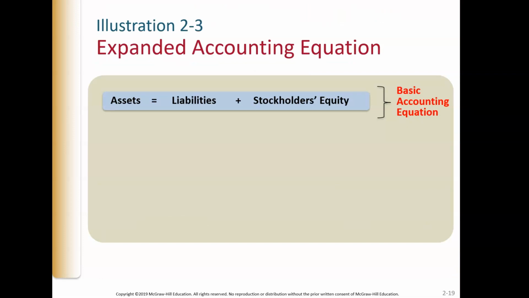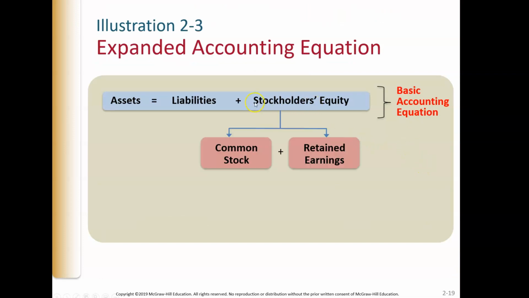Now let's talk about the accounting equation. We're going to expand it in this chapter. Stockholders' equity includes these two accounts. For now, we'll add more later, but for now we have just these two accounts, common stock and retained earnings. From preparing the financial statement, you know that retained earnings is made up of some things.